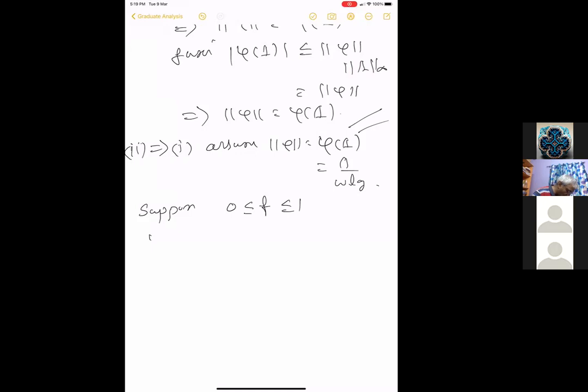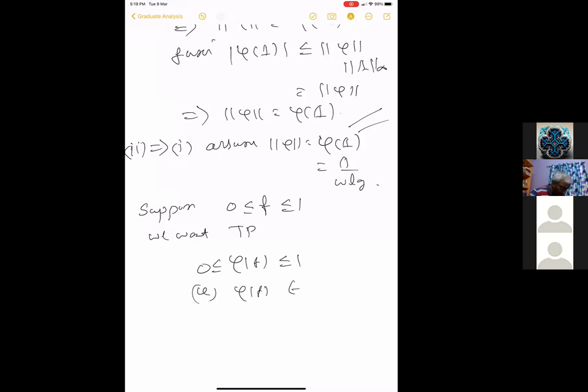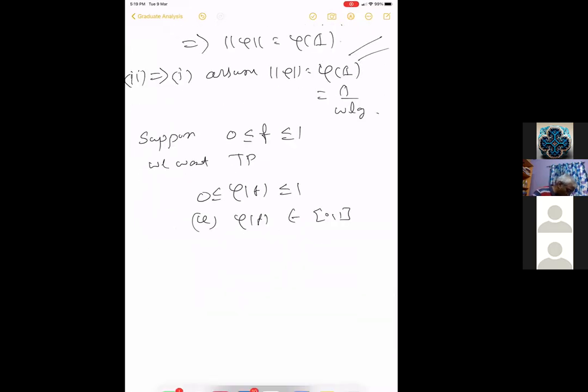Then we want to prove phi of f is less than or equal to 1, which is true because its norm is equal to 1 and f is greater than 0. That is, phi of f is a complex number which is supposed to be in this. That's what we want to prove. Suppose not.